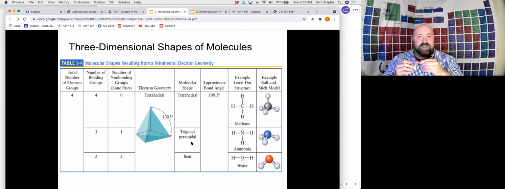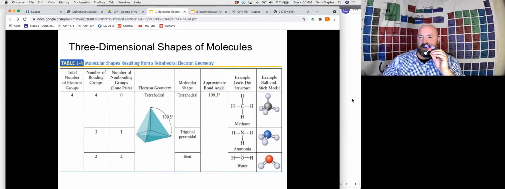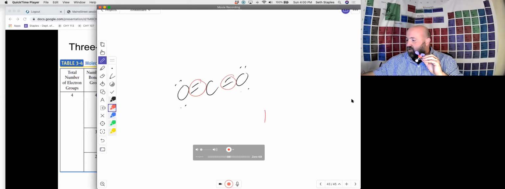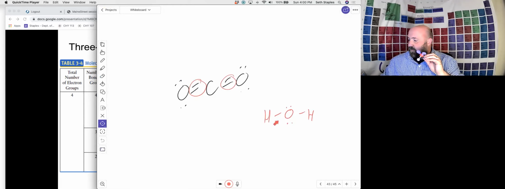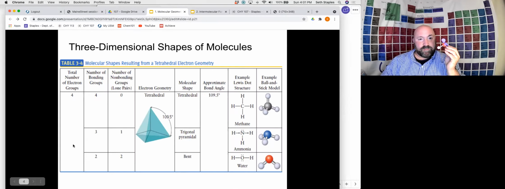Lastly, for our tetrahedral electron geometry, this would be what water would look like. So we do up our Lewis structure of water, H2O. We would get this. And so we can see that we definitely have 1, 2, 3, 4 electron groups around our central atom.